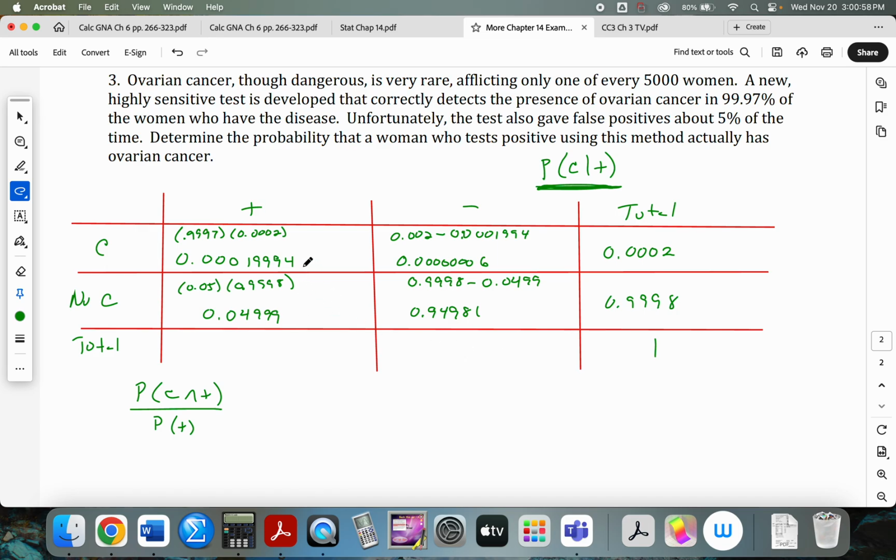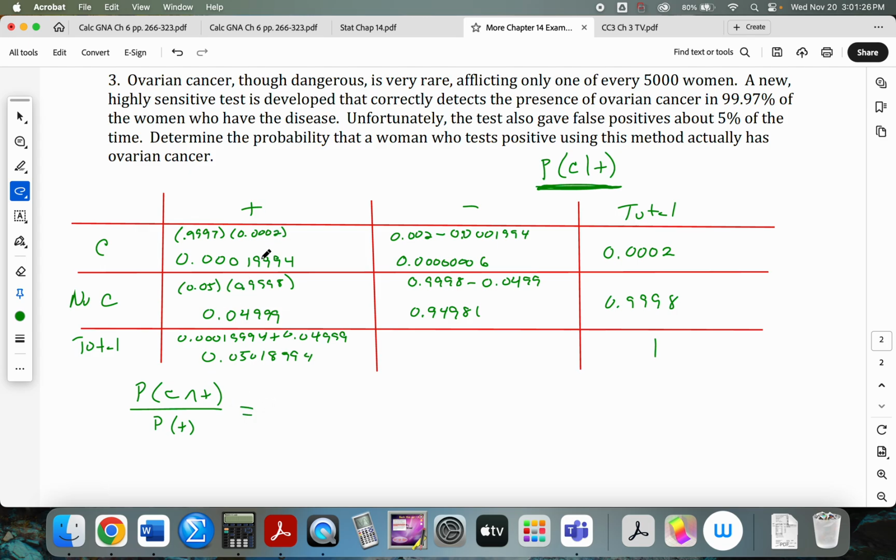I don't need to find this one. So adding these two pieces together, this is the 0.00019994 plus 0.04999, and that ends up being 0.050189994.